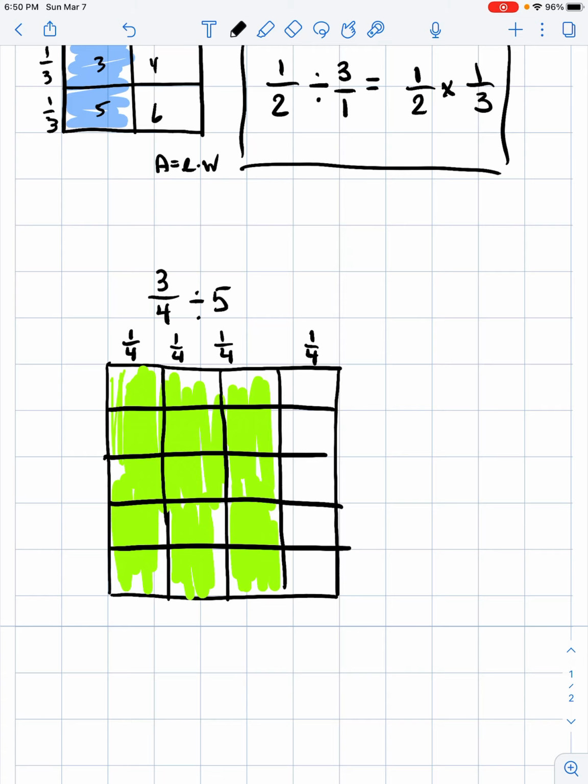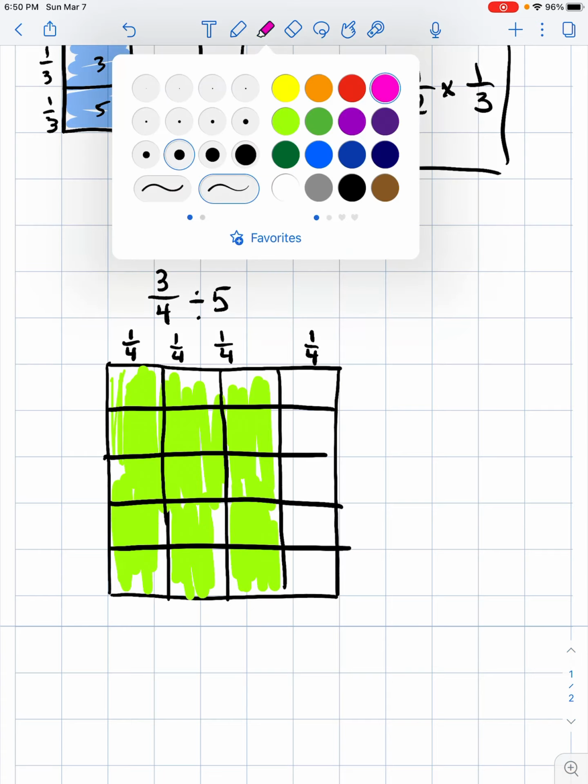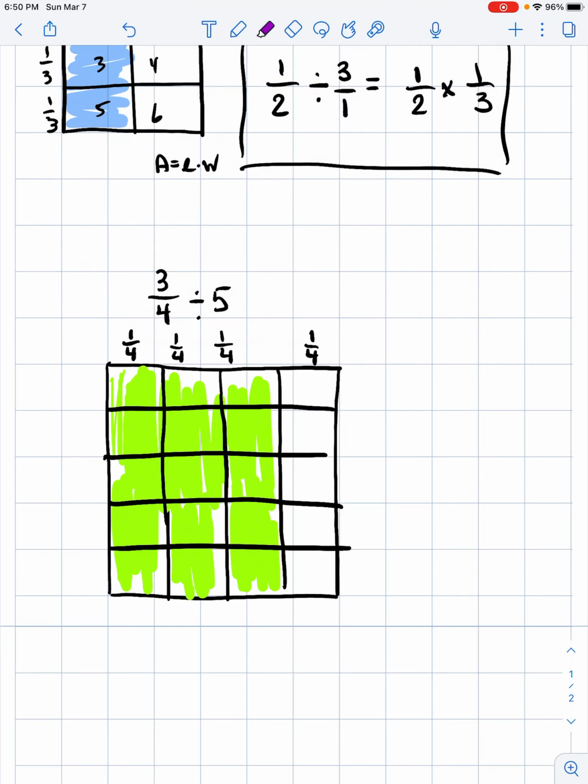Now, remember, what I'm going to do is I'm going to shade 1 piece, because remember, if I divide by 5, I'm only interested in what one of those 5 pieces is, right? And so that's going to be this whole thing.